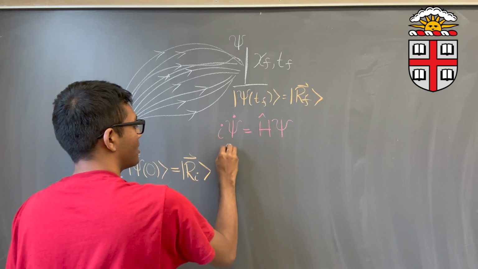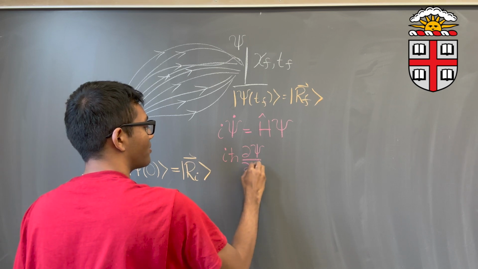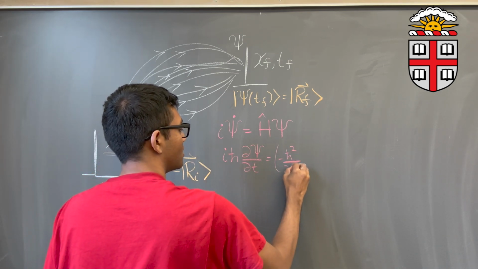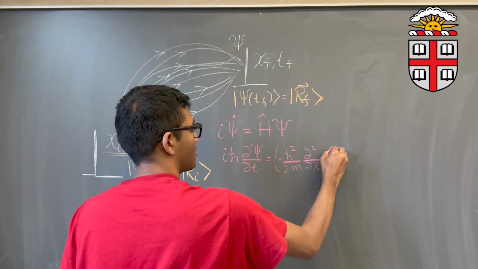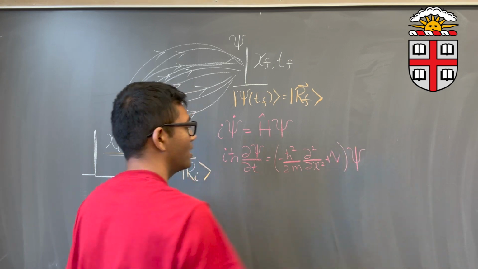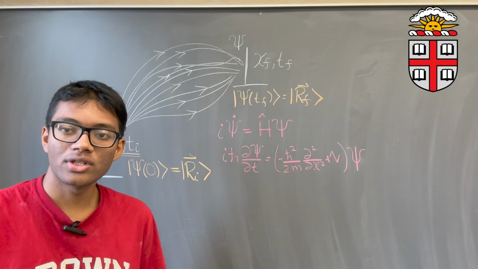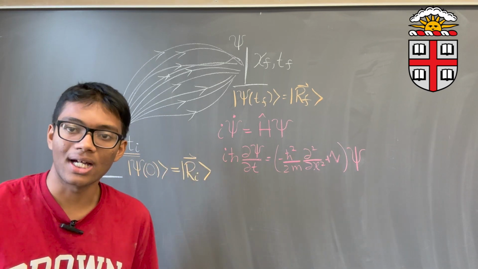Or if I have to write it out, let's write it out. i h bar partial psi partial t is minus h bar squared over 2m partial squared psi partial x squared plus V psi, right? That's all that Schrodinger's equation says. We can use Schrodinger's equation to evolve our initial wave function forward in time.